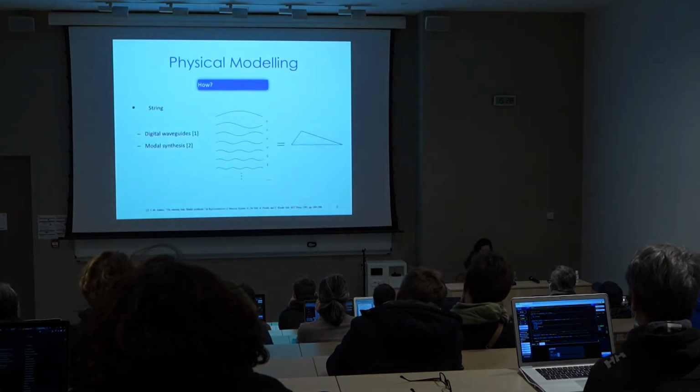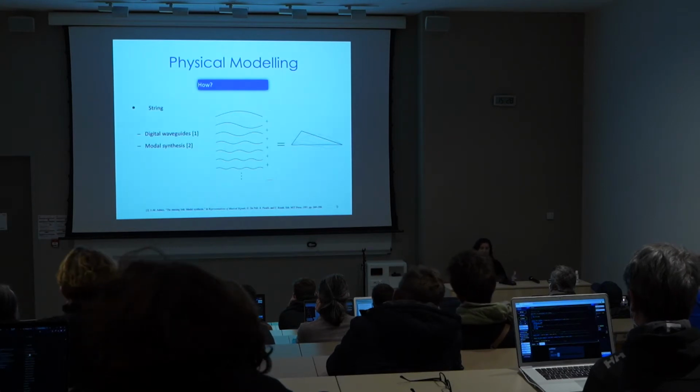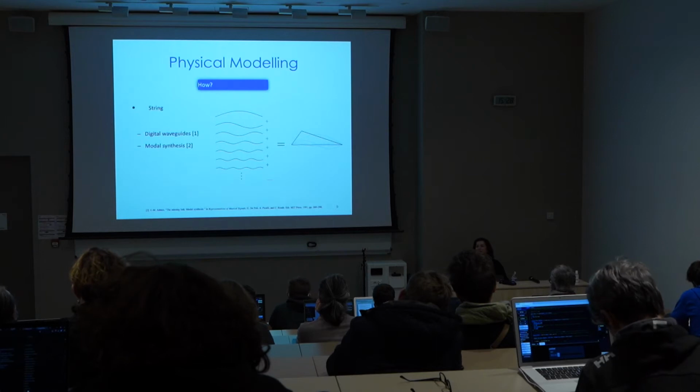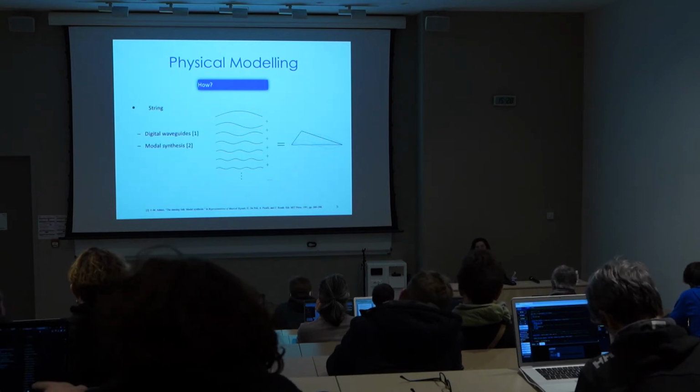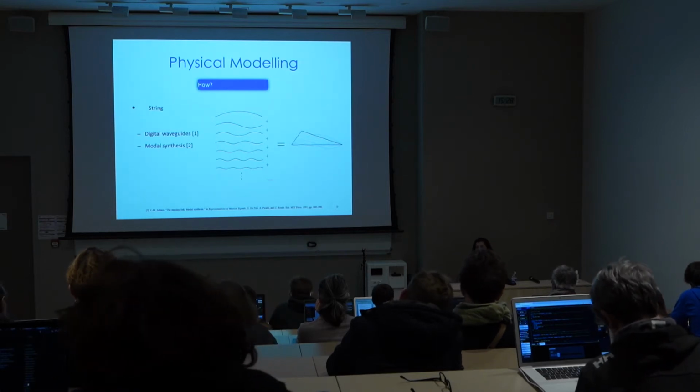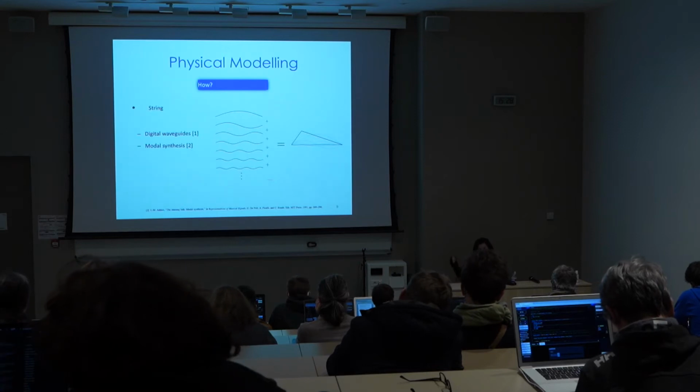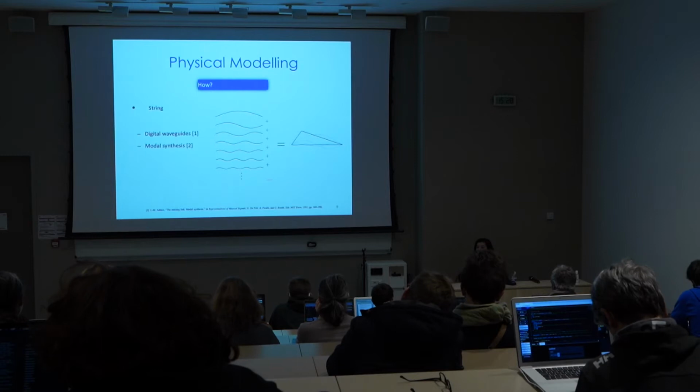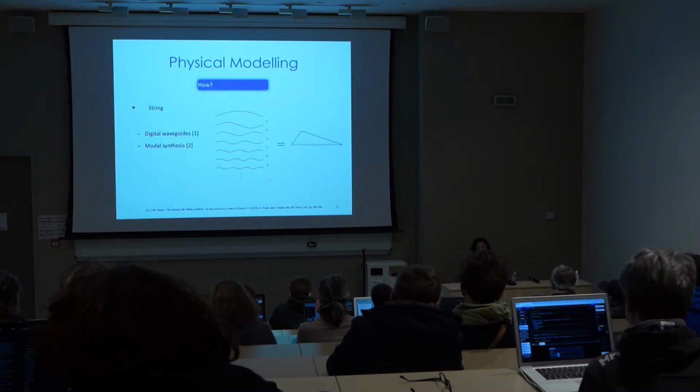Then another technique is what is called modal synthesis. So modal synthesis is closer to what Roman was talking about. You consider a system, and in the case of a string, you look at all the different modes. The modes are the resonances. So let's say we have a string.